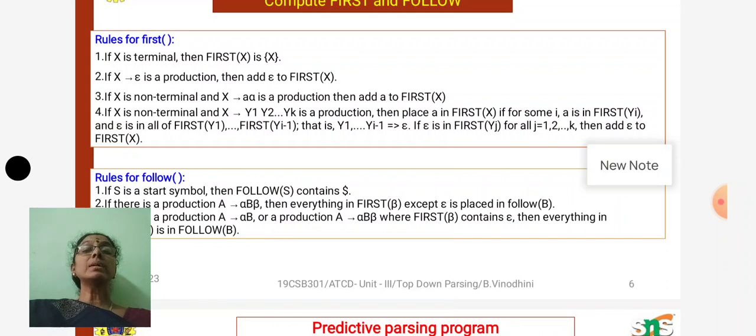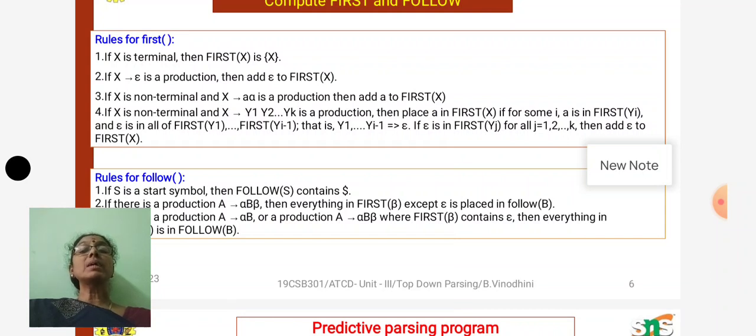Next we have the rules for finding the follow. The first rule: if the left-hand side non-terminal is the start symbol, we include the dollar in the follow of that non-terminal.